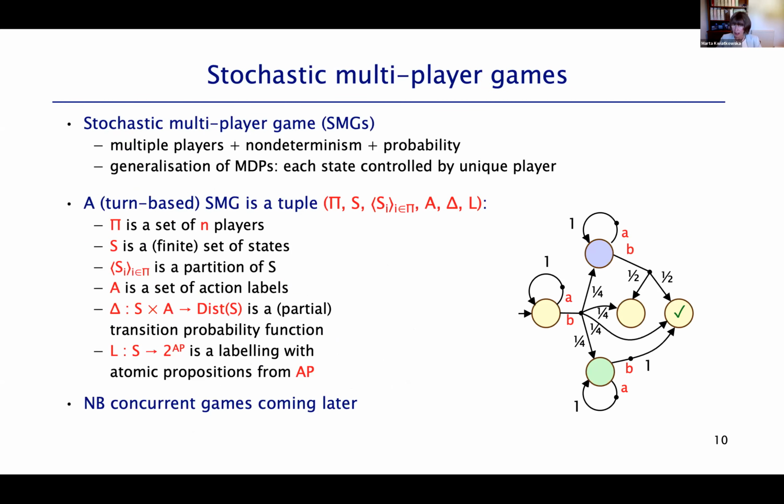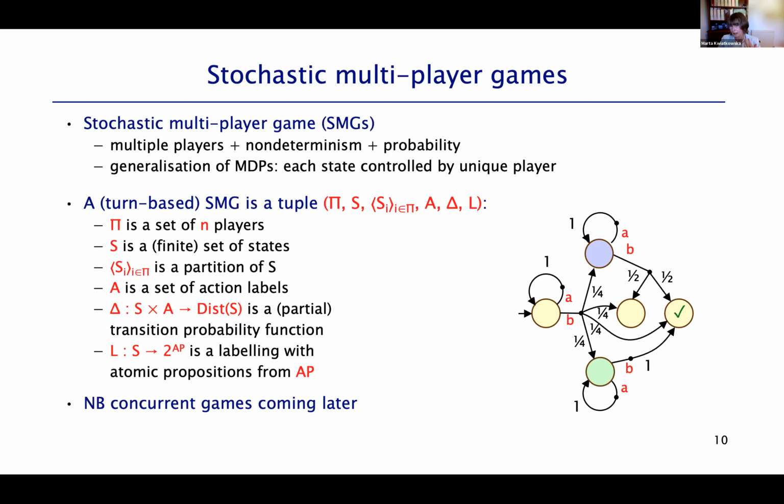Okay, so a stochastic multiplayer game formally is a tuple where I have n players and I have finitely many states. Now, for a game to be turn-based, I assume that this set of states is partitioned among the players. So in this game here, I have 3 players, the yellow, blue, and green, and the states are partitioned amongst those players.